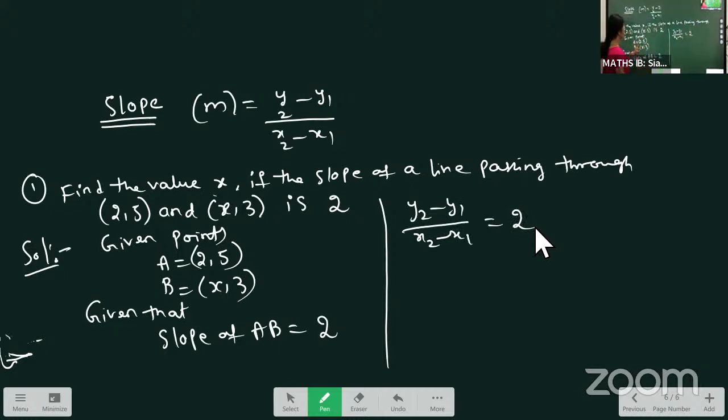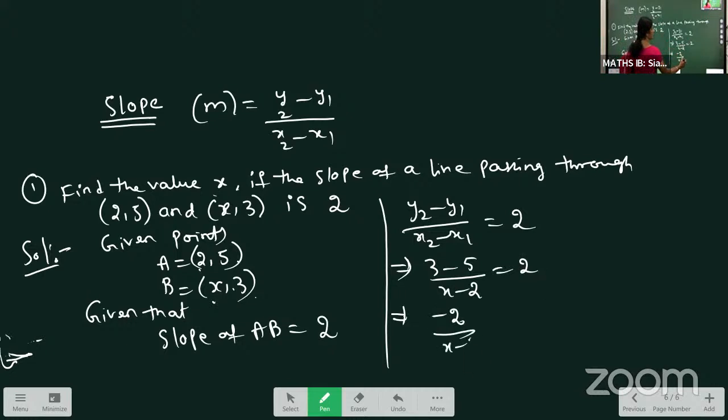Always take A point as x1, y1 and B point as x2, y2. Substitute: 3 minus 5 by x minus 2 is equal to 2. So 3 minus 5 is minus 2, by x minus 2, is equal to 2.